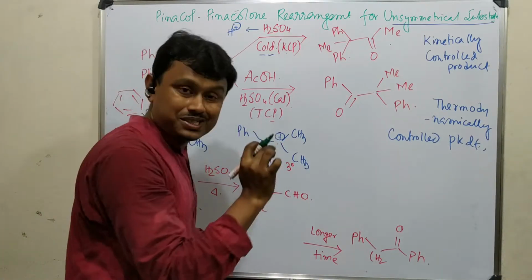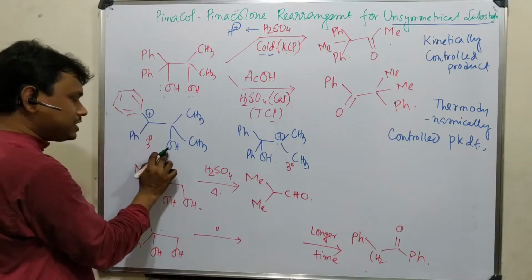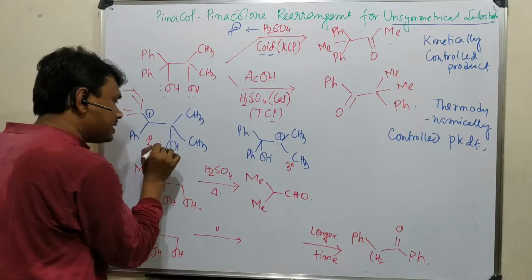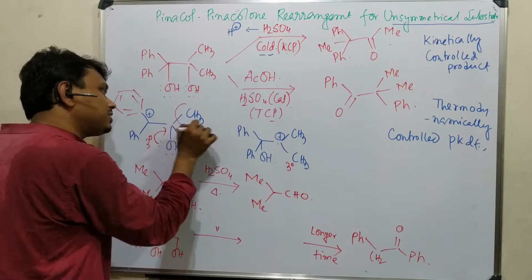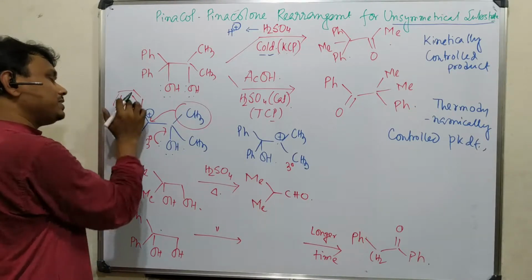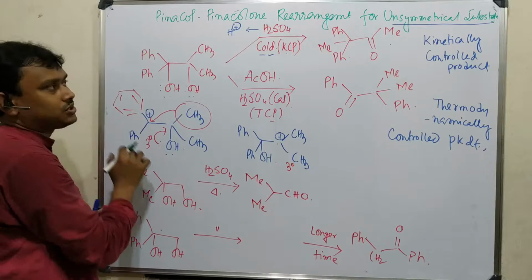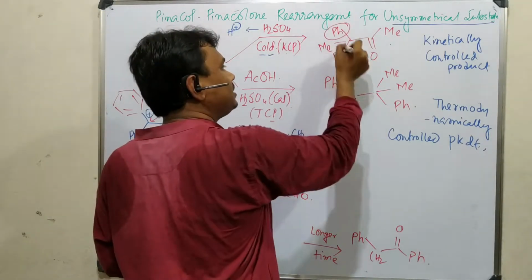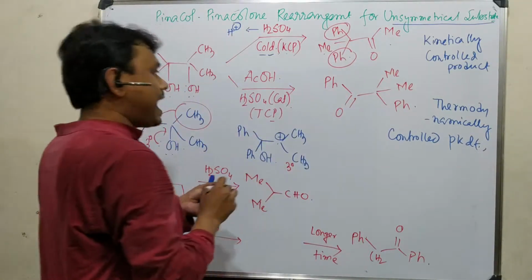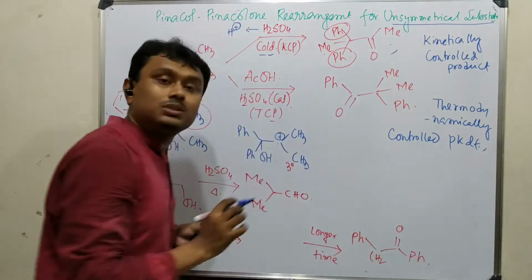This is only tertiary, so the first is more stable. Consequently this will form, and then it will push its electron and methyl will migrate. Ultimately, one side will be diphenyl methyl and the other side will be methyl along with the ketone. So we have explained how this is happening.